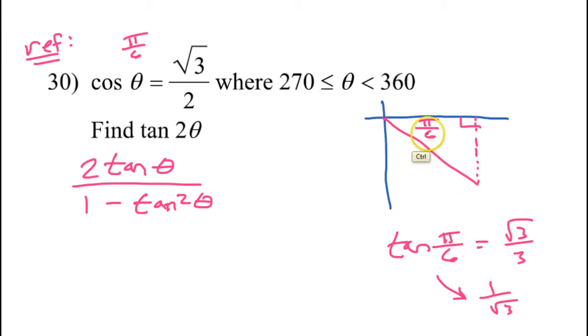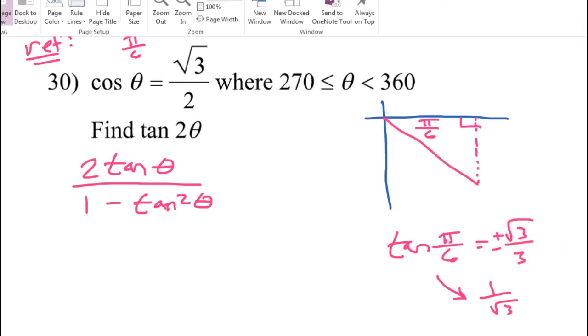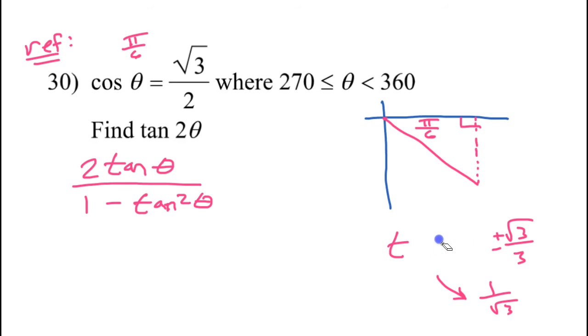So since the reference angle is pi over 6, the tangent is either going to be positive or negative radical 3 over 3. It's just a matter of whether it's positive or negative, and that's based on the quadrant.